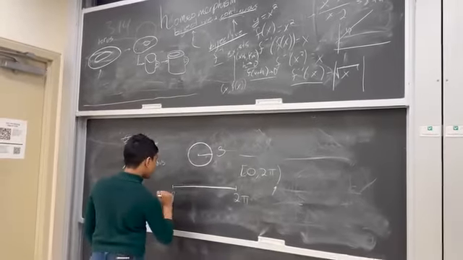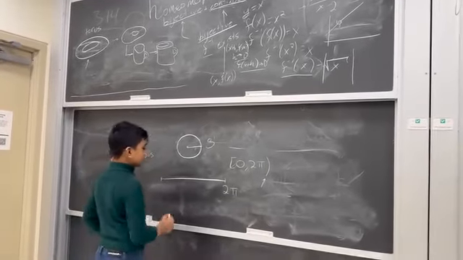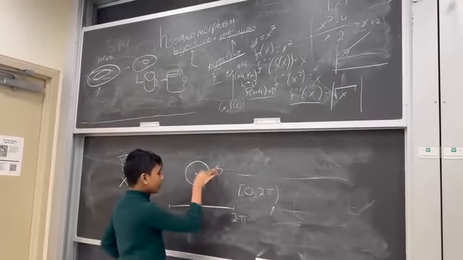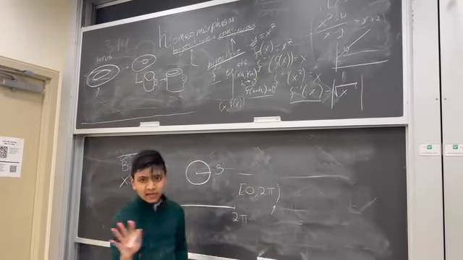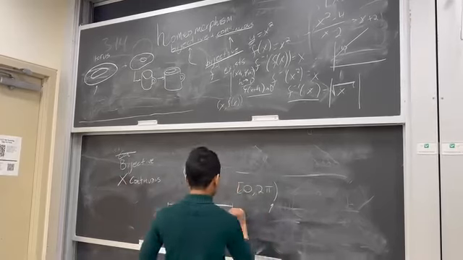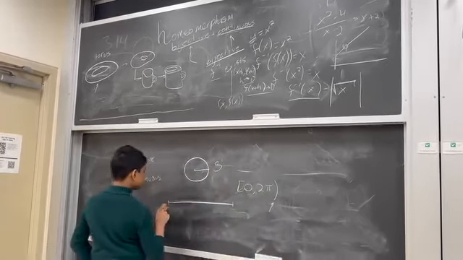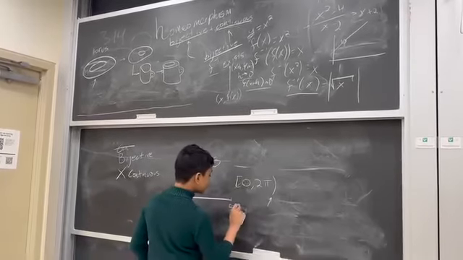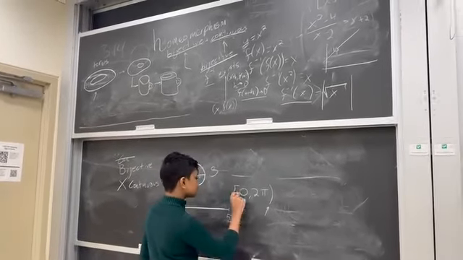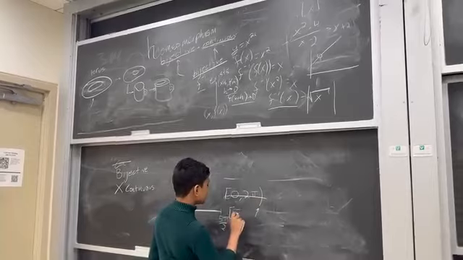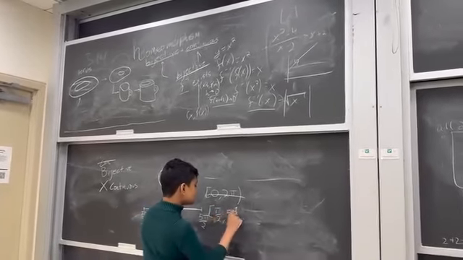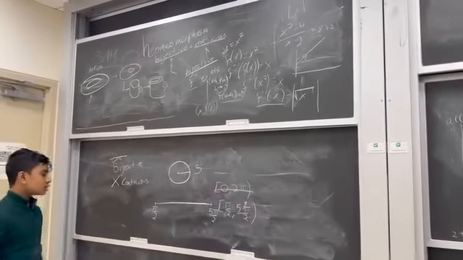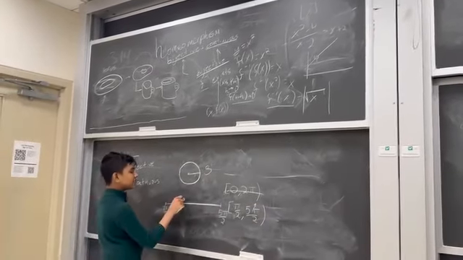So what I'm going to do is actually the interval 0 to 2 pi mapped to S1 in itself is continuous, but I'm going to do something a little easier to explain and shift it over by pi over 2. So now, how do we map this to that?